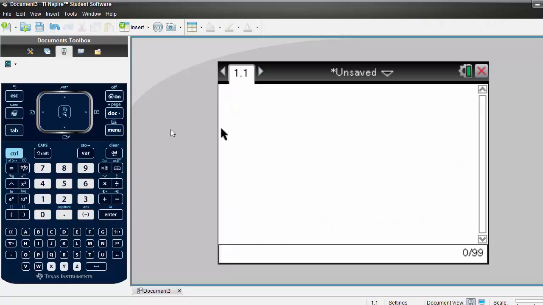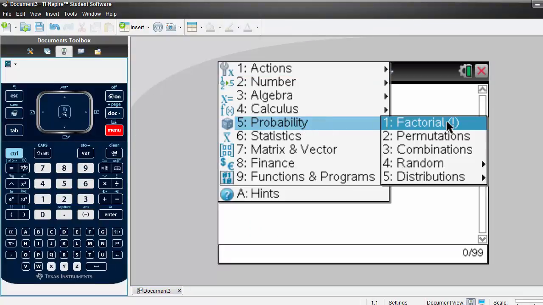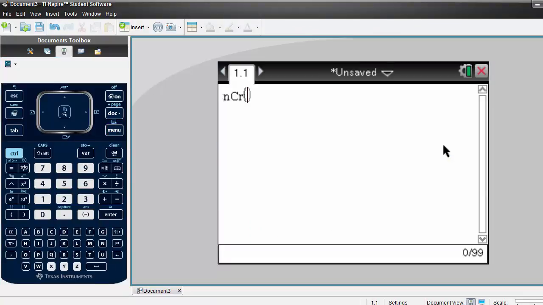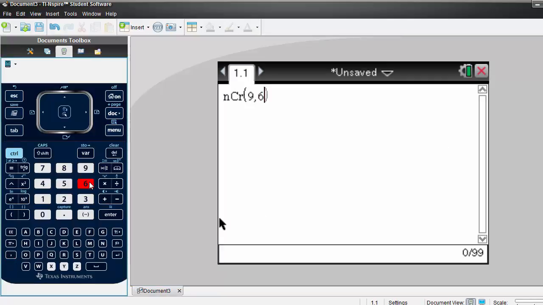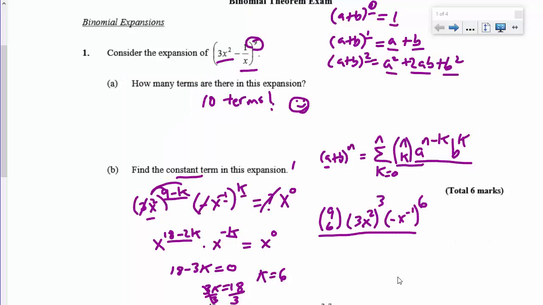Alright, now I'm going to go to Menu, Probability, Combination, and just say 9, 6. That'll be 84 already. So we'll go back to the screen here, and that is in fact equal to 84, and then we got 3 raised to the power of 3, which is 3 times 3 times 3, which is 27.